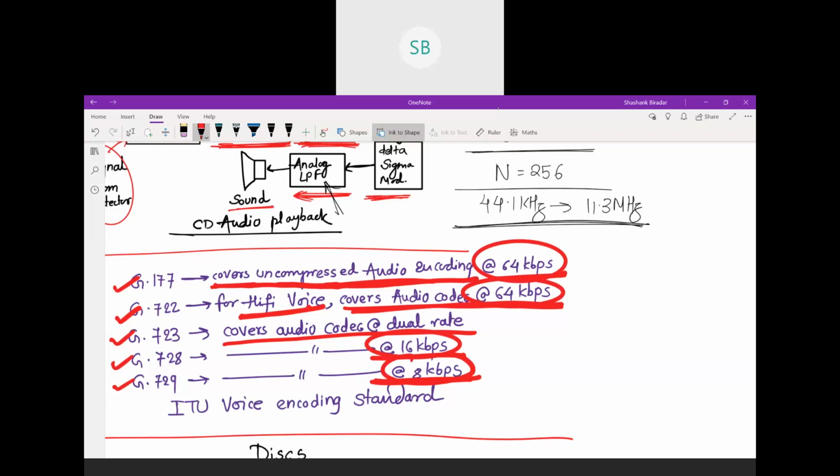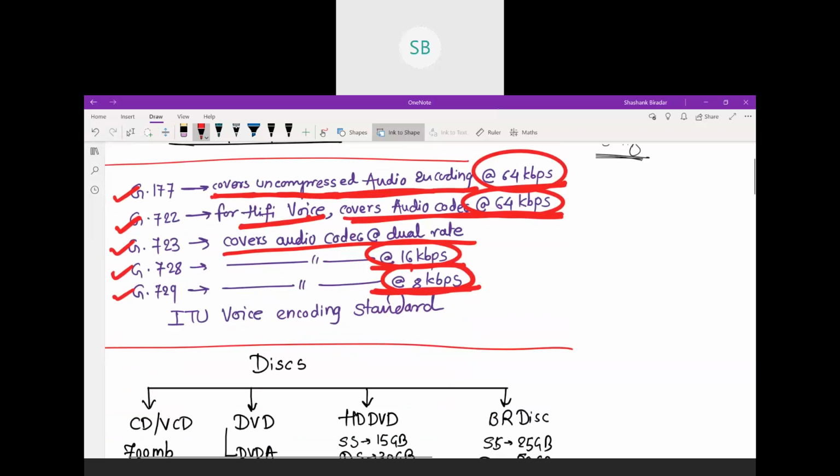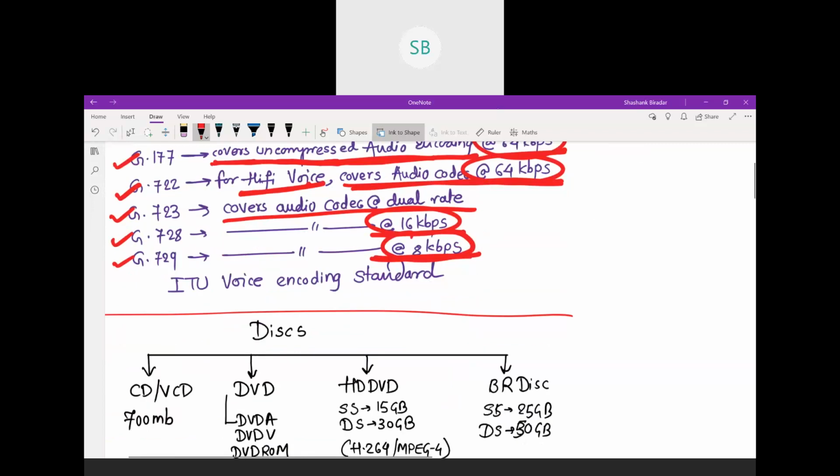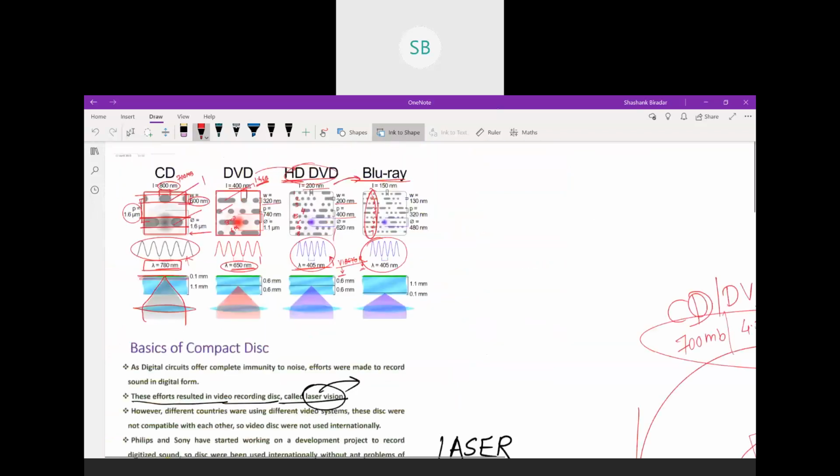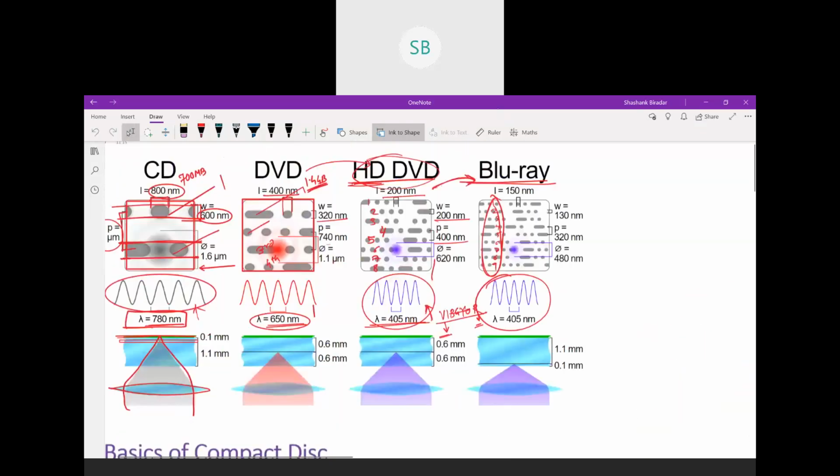Right? So in the last lecture, let us go with the last lecture. What we have seen is this diagram, the differentiation between the compact disc, digital video or versatile disc, high definition DVD, and Blu-ray DVD.